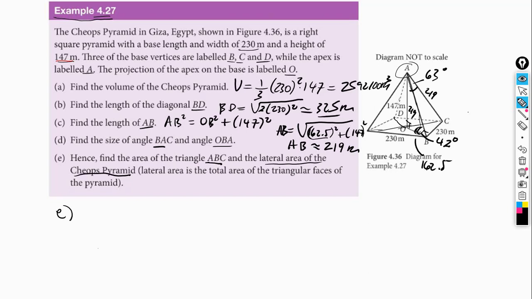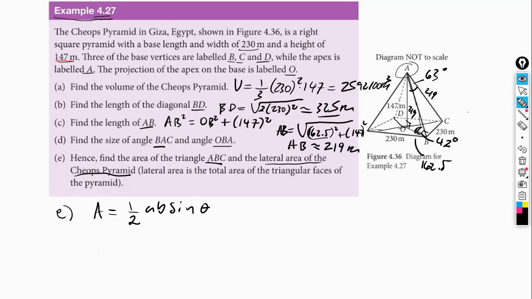Remember that if we have an angle that is between two known sides, we can use the formula that says that the area of the triangle is equal to 1/2 A times B times the sine of the enclosed angle.